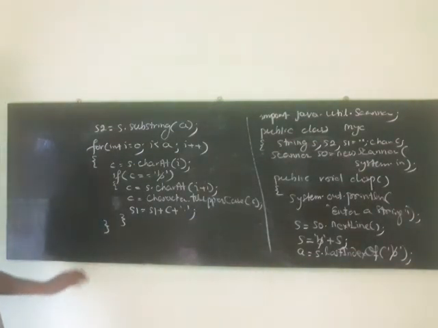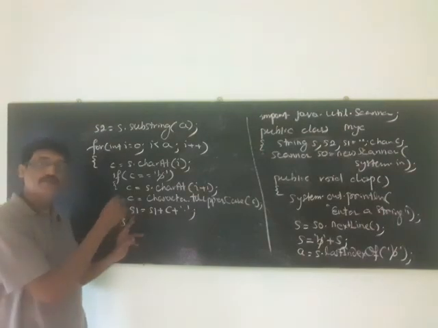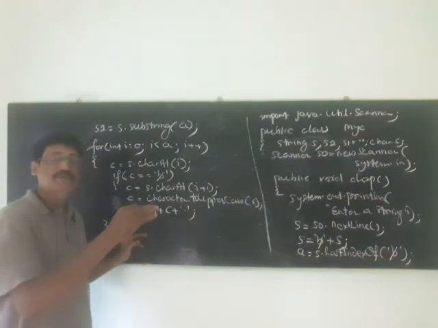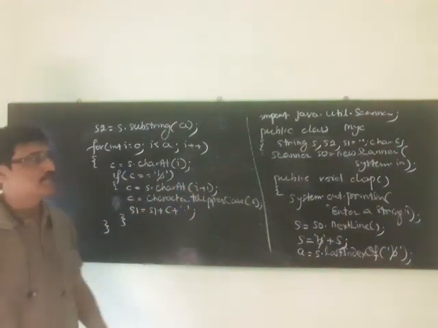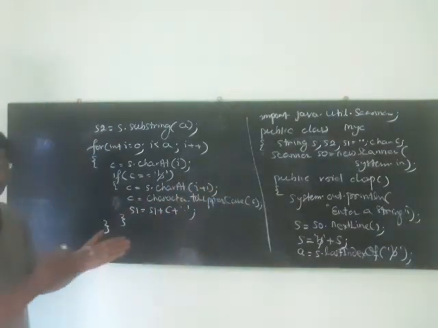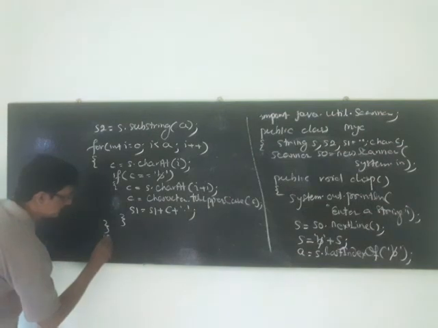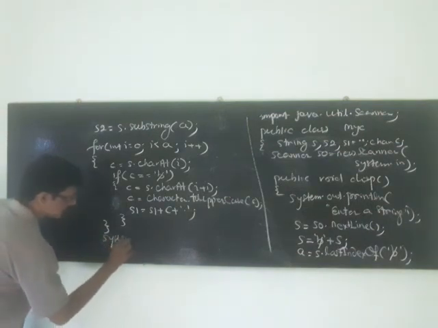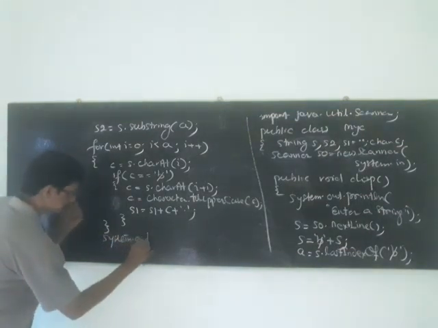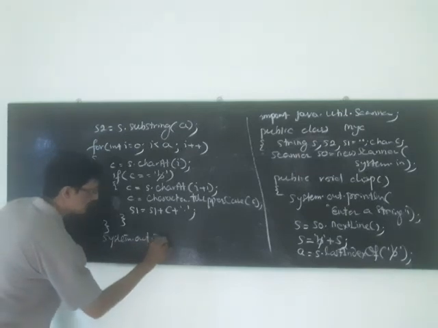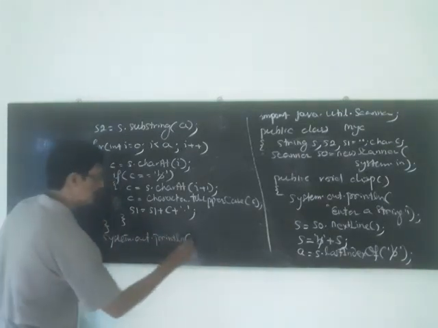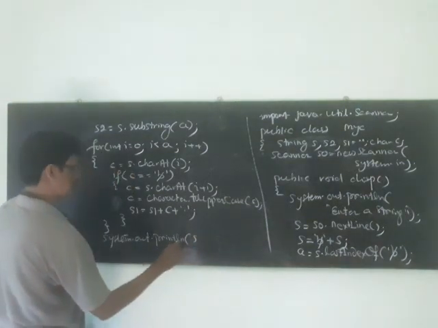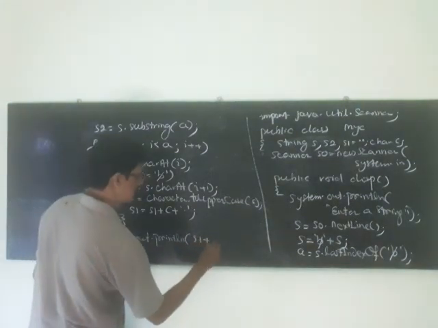After the loop is closed, in s1 you will get the first character of all the words except the last word. We have already stored the last word in the variable s2. Now you concat both and output directly: System.out.println(s1 plus s2).